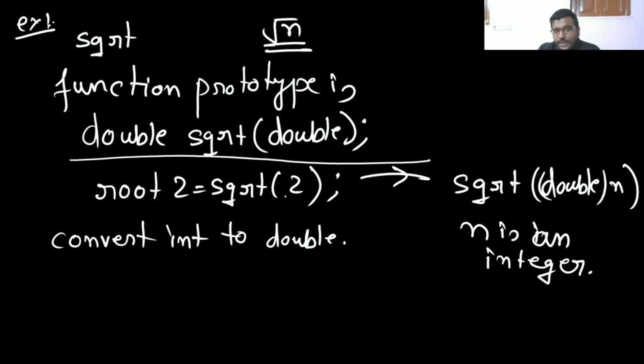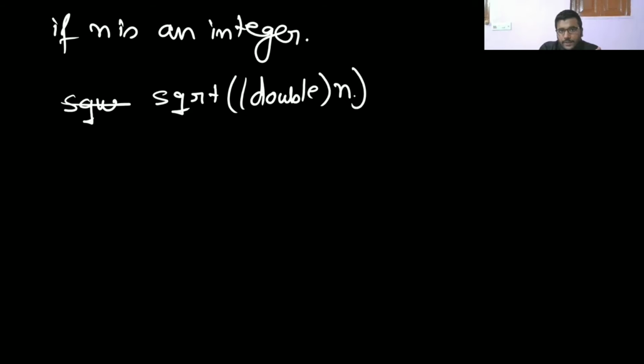Understood? So whenever I am converting, like you have converted before calling, if n is an integer, and before calling square root you write double and n, you are calling this function and converting this into double.